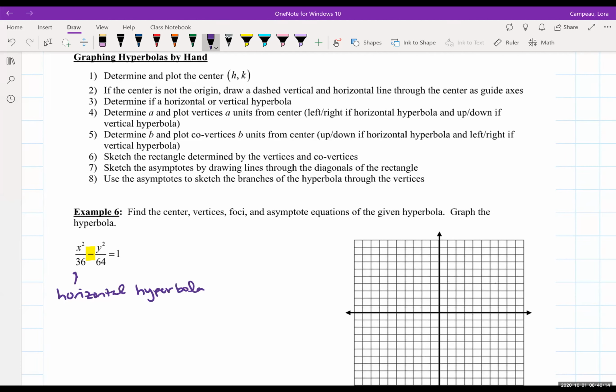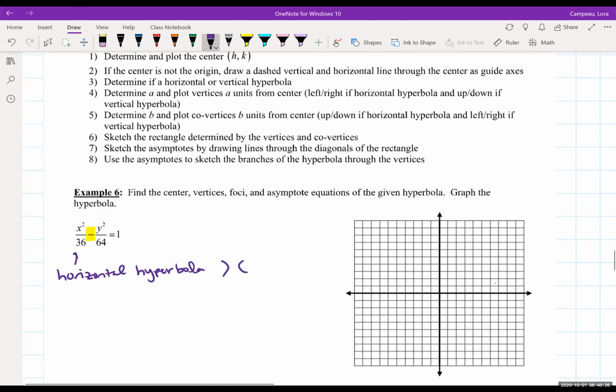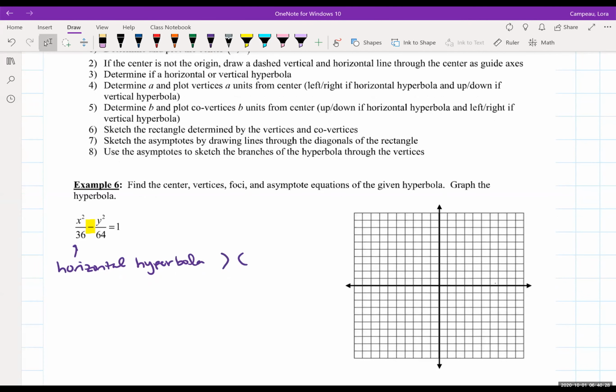So that means your hyperbola branches are going to open up left and open up right. So you can have a visual just to start off with. It also gives us a heads up of how we're naming our A and our B. If this is the horizontal hyperbola equation, remember that a square is associated with the positive term.